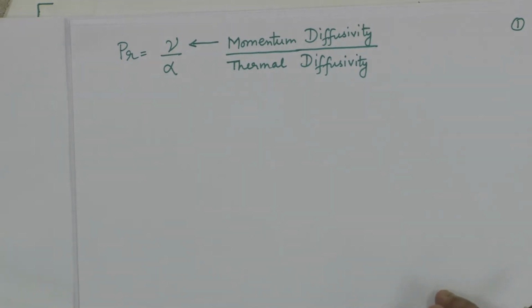It says how effective momentum diffusivity is when compared to how effective heat transfer is. See, certain people have affinity for certain things. A fluid also is like that, it is not going to behave the same way with heat transfer as with momentum transfer. It may transport heat better and momentum a little slower.